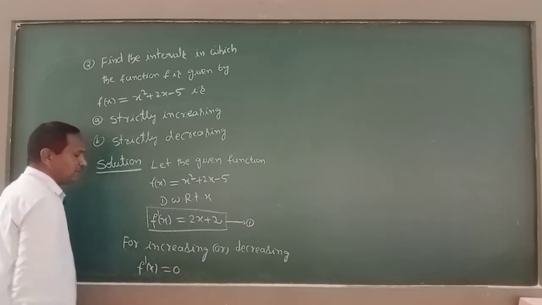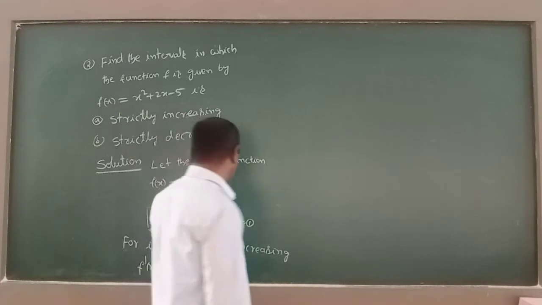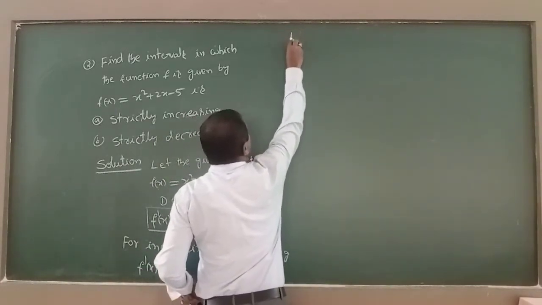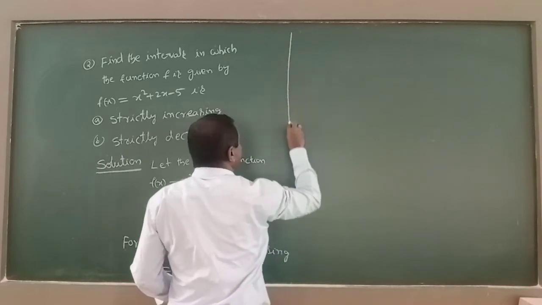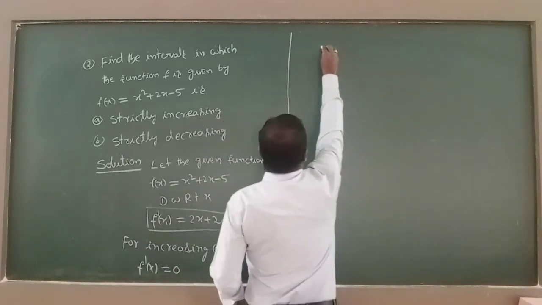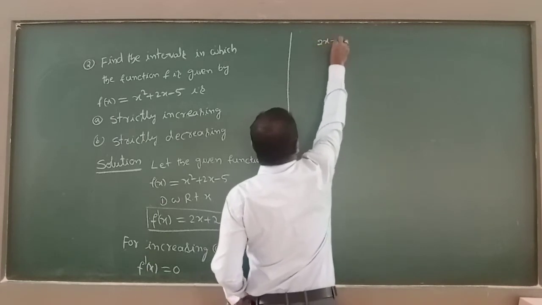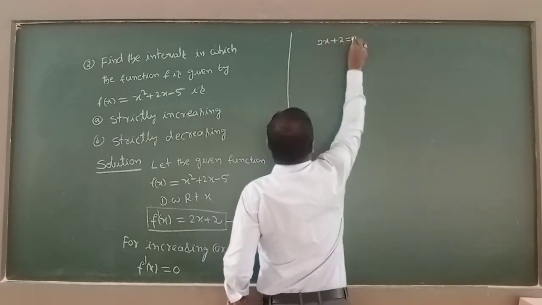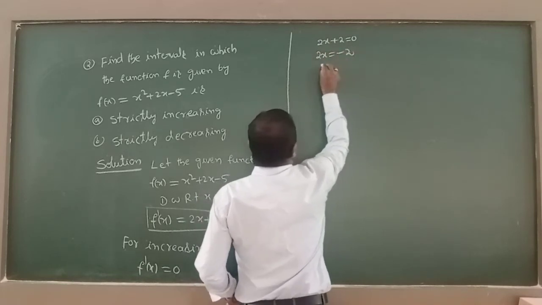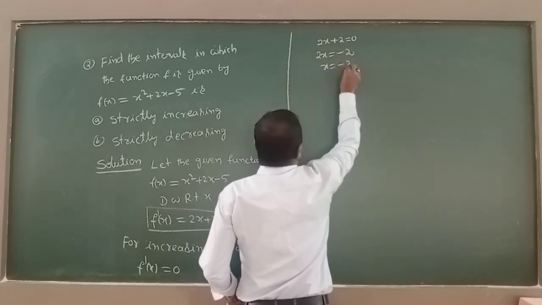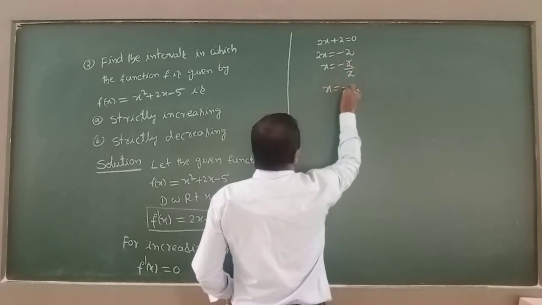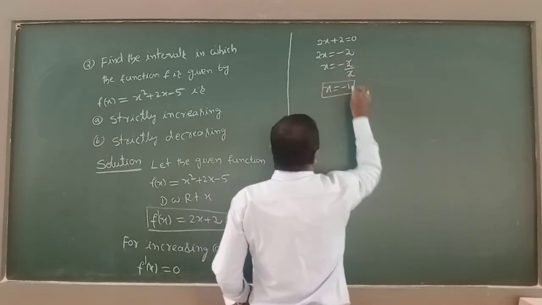Then if we equate this to 0, we get the value of x as minus 1. 2x plus 2 is equal to 0, 2x is equal to minus 2, x is equal to minus 2 divided by 2, the 2 gets cancelled, and we got the value of x as minus 1.